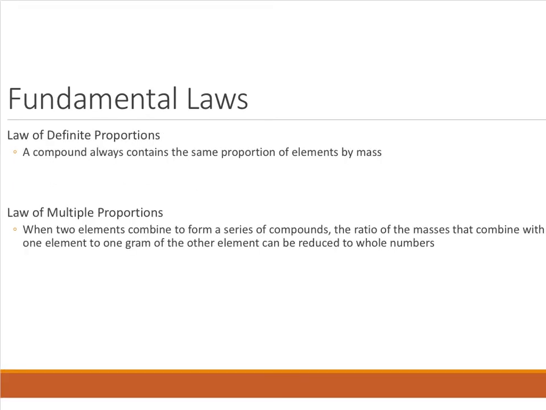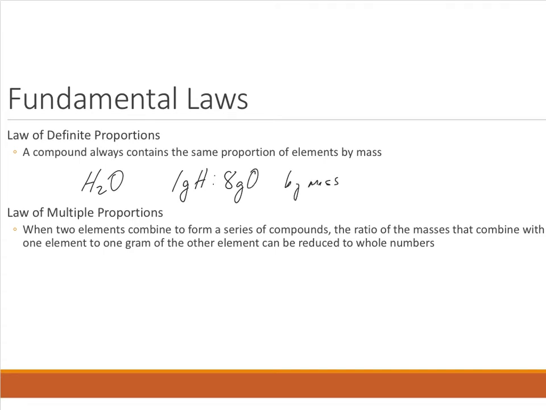Another very important law is the law of definite proportions, which states that a compound always contains the same proportion of elements by mass. That is to say that water, which we know has the formula H2O, will always contain the same ratio, 1 gram of hydrogen to 8 grams of oxygen by mass.